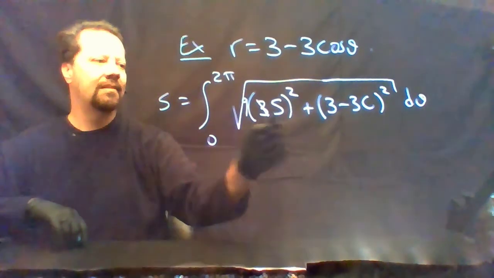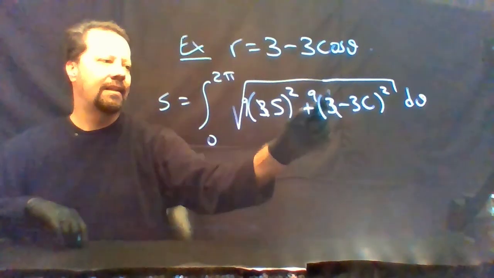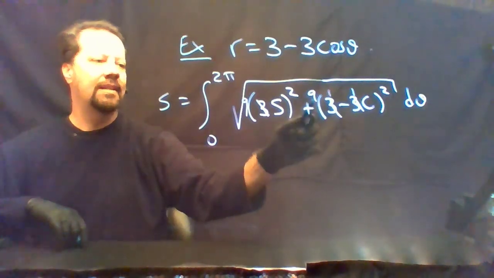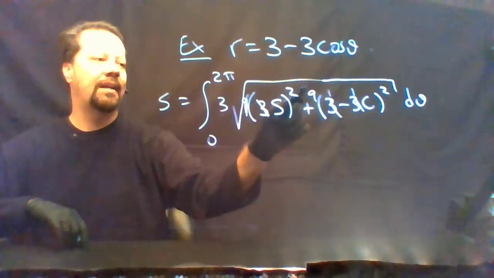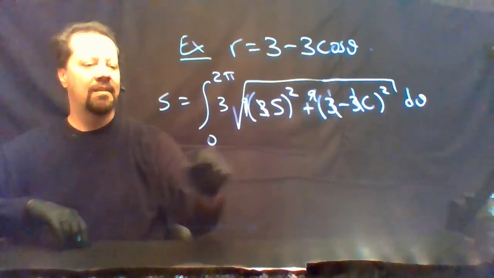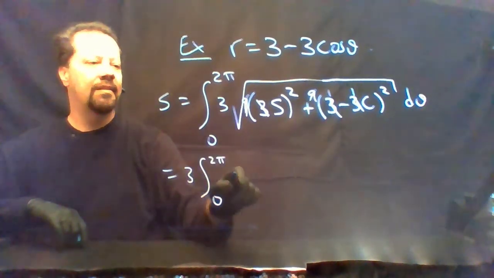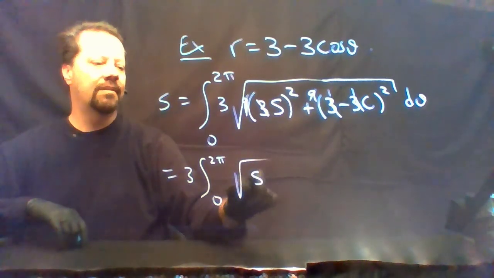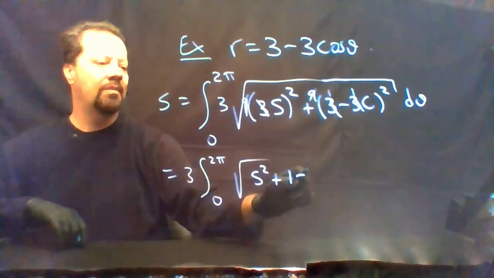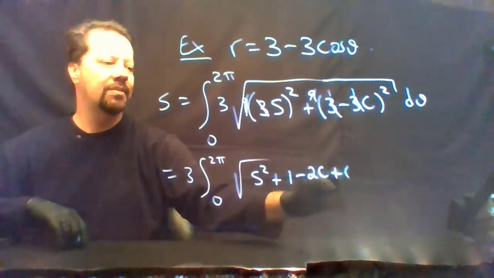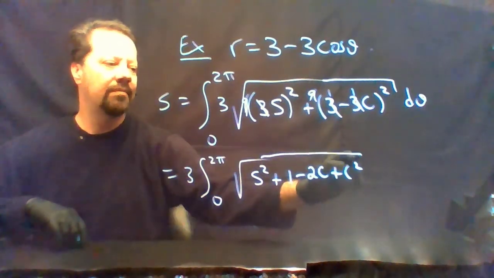That'll be a 9. We'll also get a 9 out of this. These 9s can come out of the square root as a 3. We're left with 3, integral from 0 to 2 pi, the square root of sine squared plus 1 minus 2 cosine plus cosine squared.